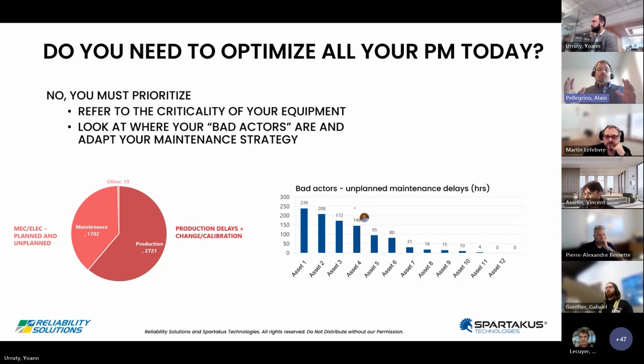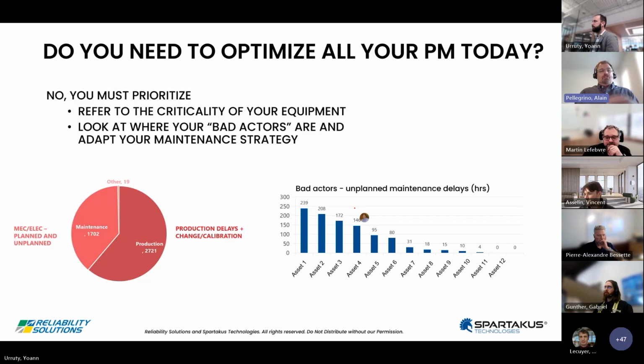So that's one way to do it. The other way to do it is focus your effort on bad actors. If you have history of failure in your plant, you want to tackle the ones that have more unplanned downtime and review those PMs, right? So that can be done as well.